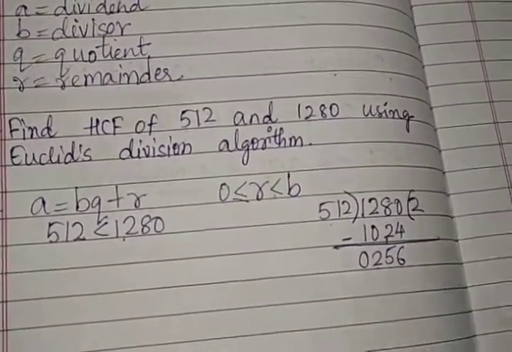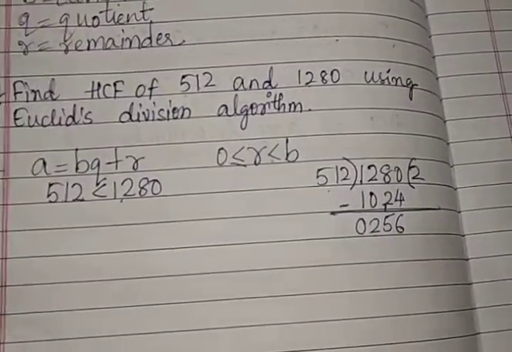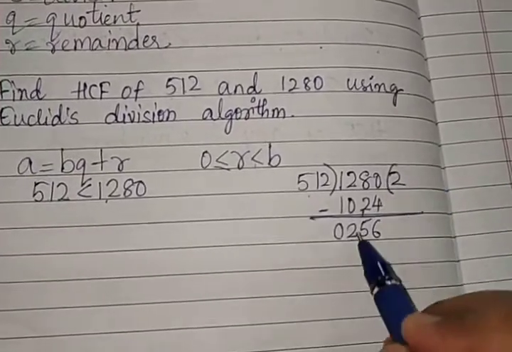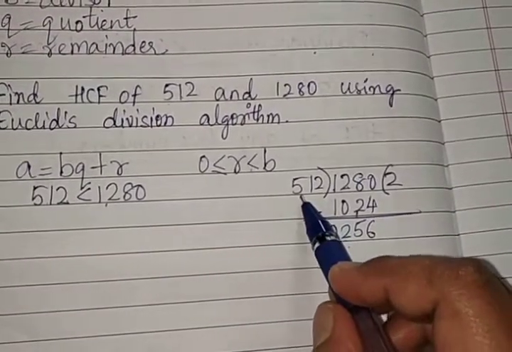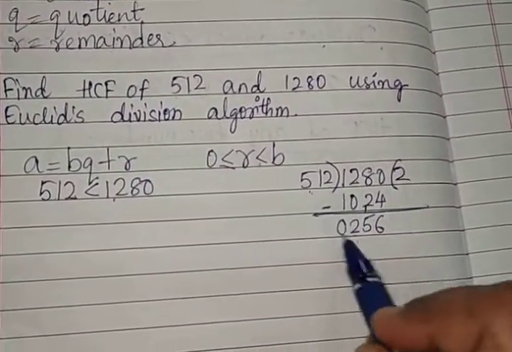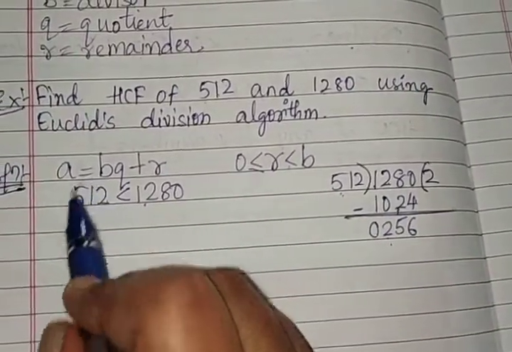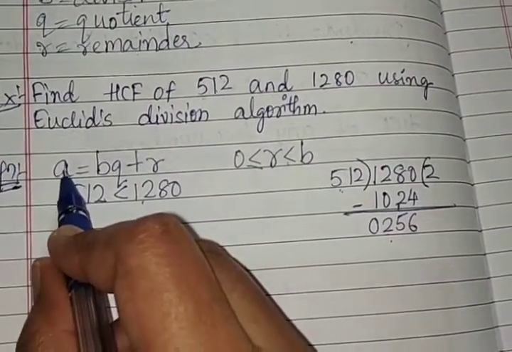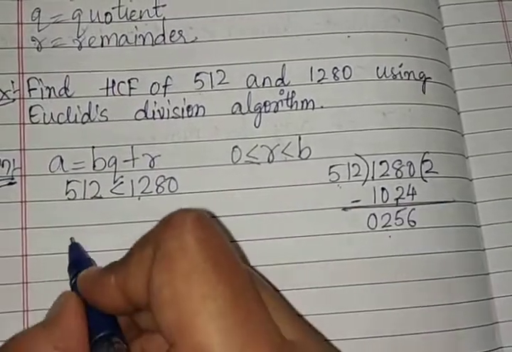You can observe 256 is smaller than the divisor, that is b. So let us write it as the lemma here. A is the dividend, and here the dividend is 1280.